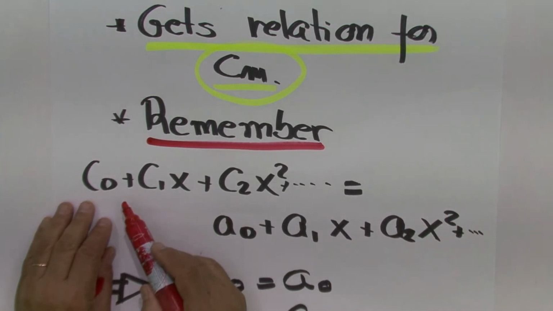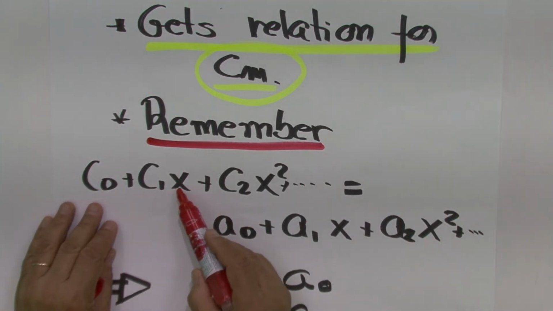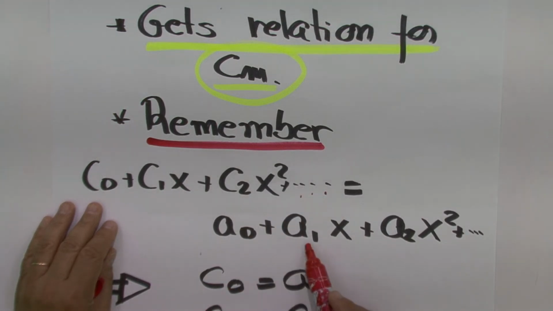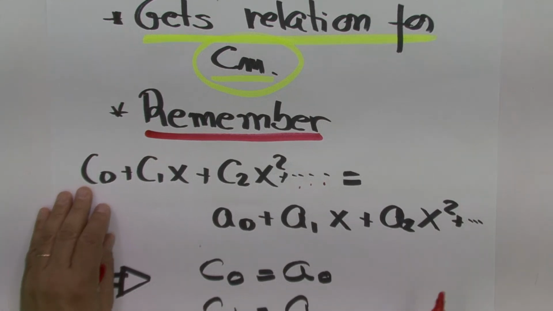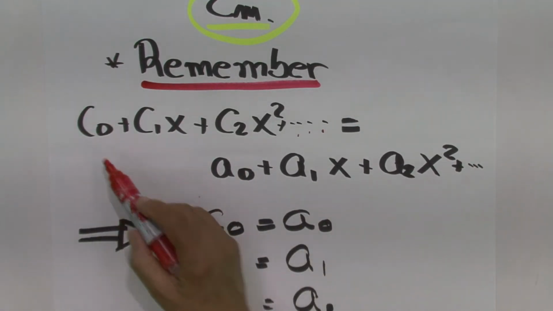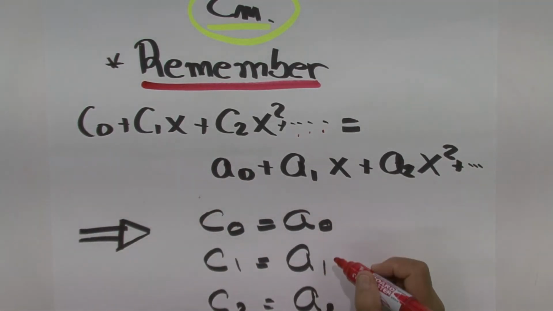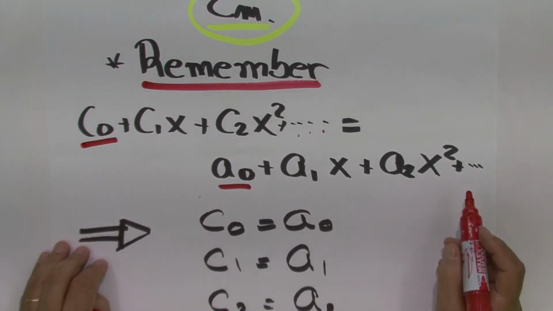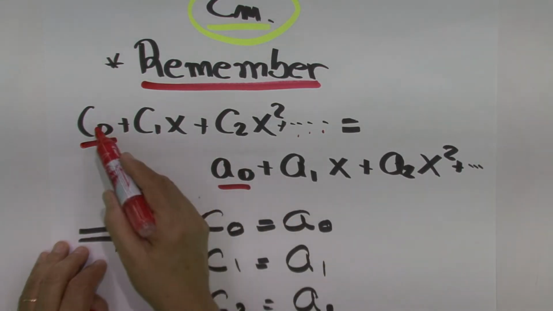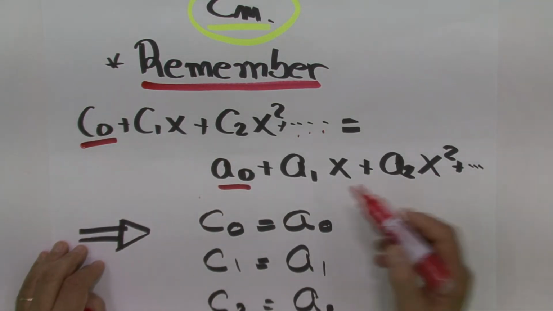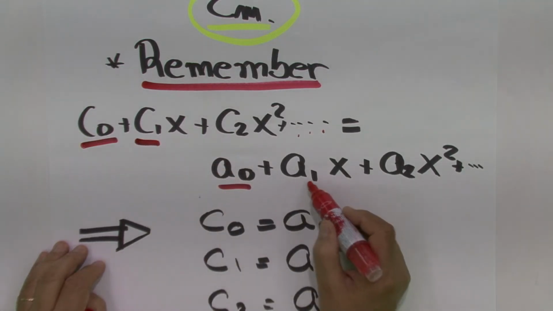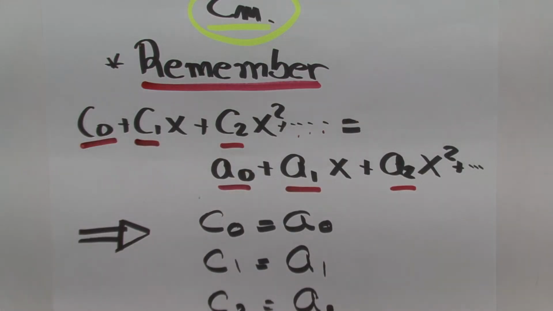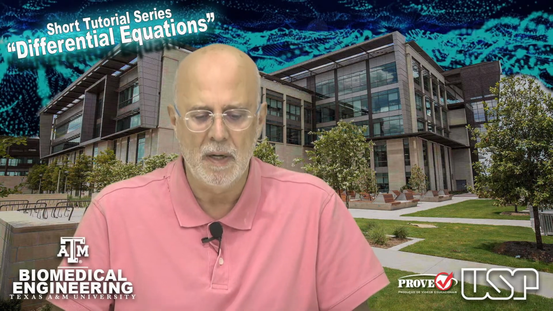So if I have an expression that says C0 plus C1x plus C2x squared plus and so on equals A0 plus A1x and so on, I can guarantee to you that all the coefficients of the same power of x are equal. So C0 must be equal to A0, because it's the same power, x to the 0. C1 must be equal to A1. C2 must be equal to A2. So all the coefficients of the same power must be equal.